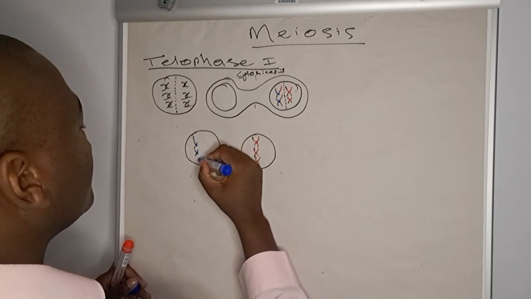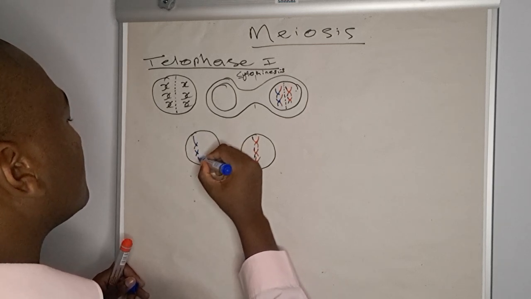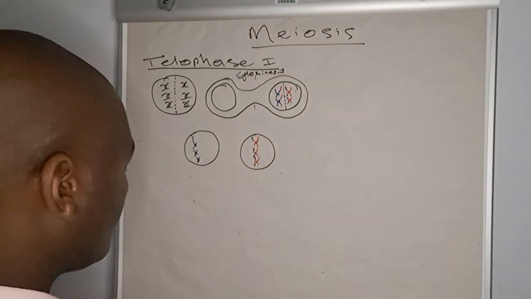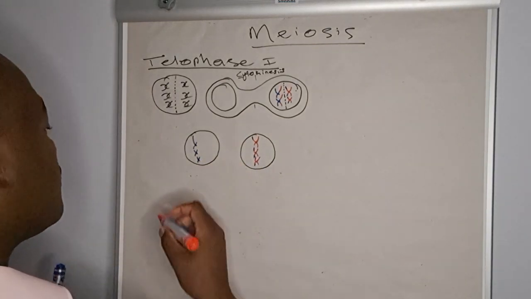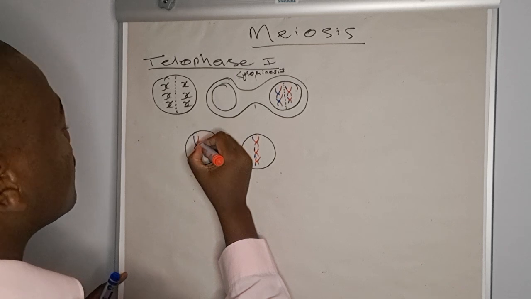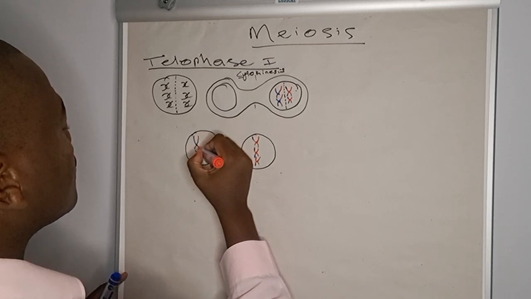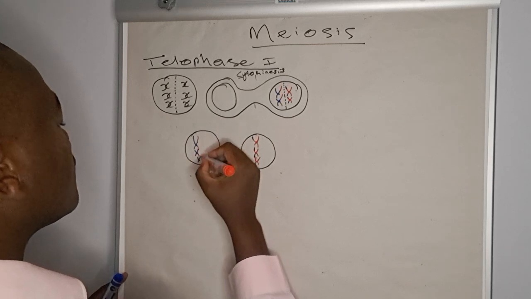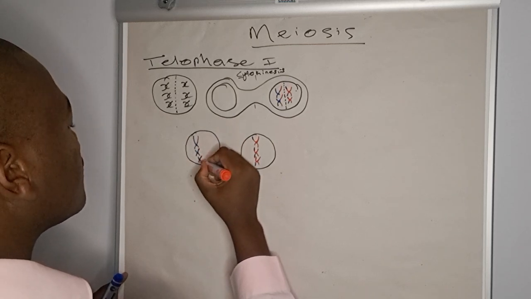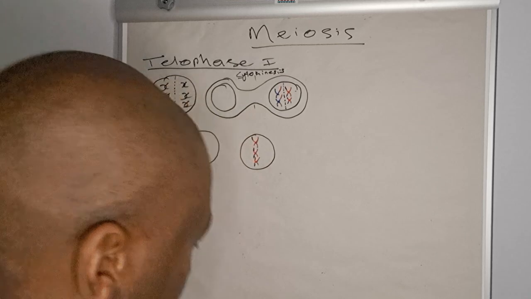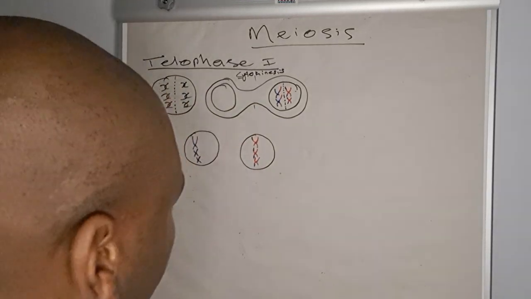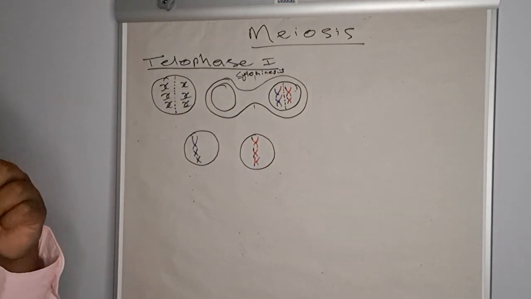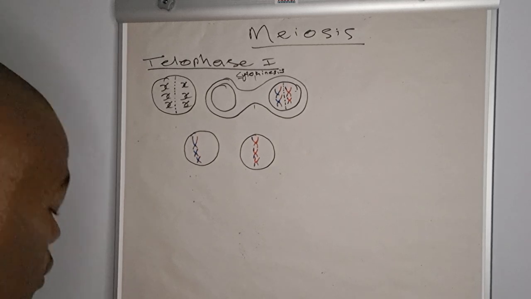These things are different size, don't worry. Now we have mixed DNA. We know that we have two different cells. This is now under the process of telophase 1.